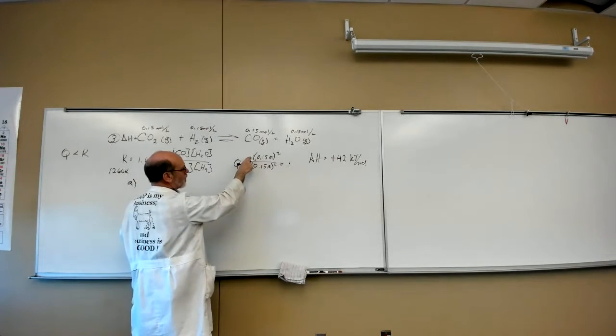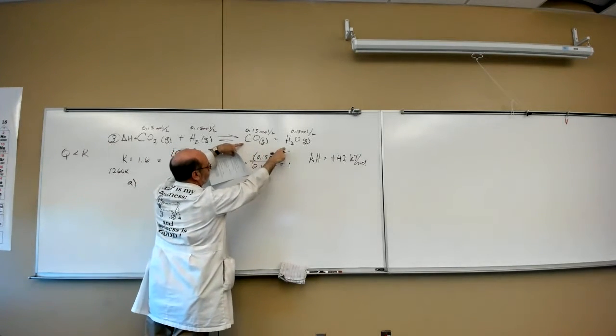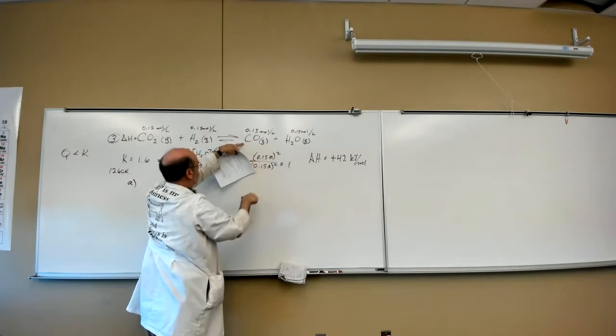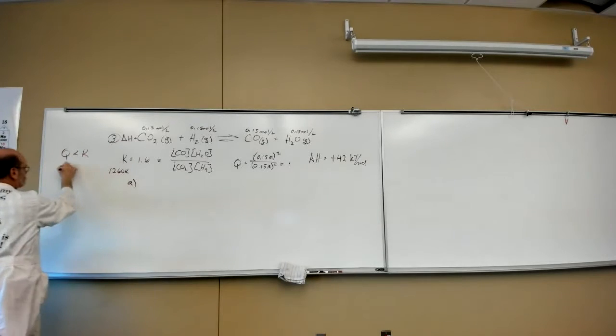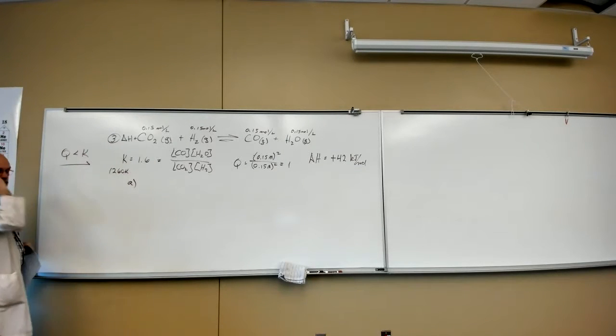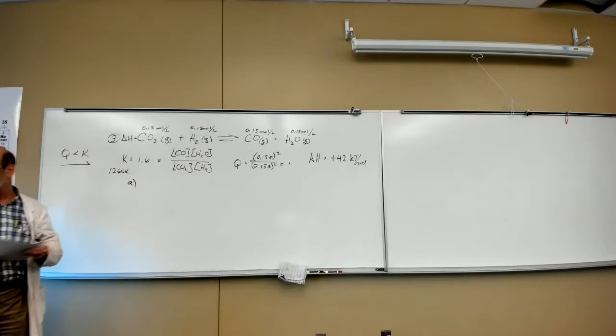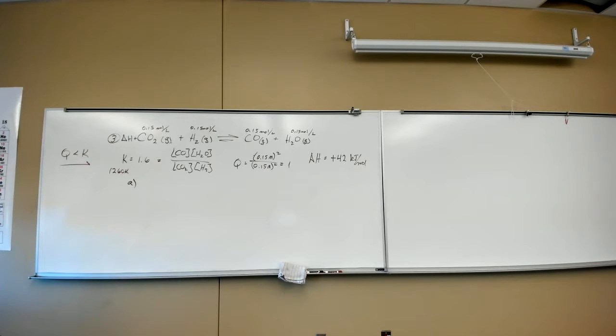So if this is smaller than it should be, then it should go that direction, to the right. The reaction is going to go to the right, is it not? So CO2 decreases.